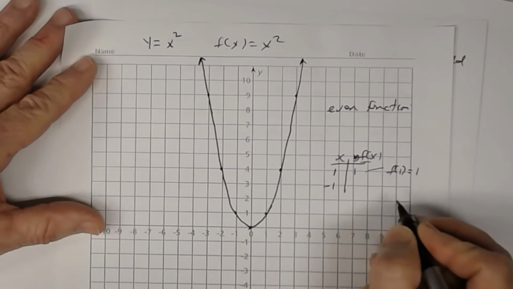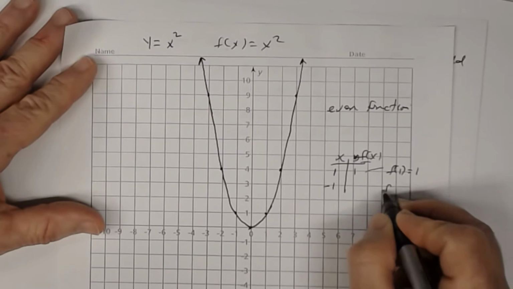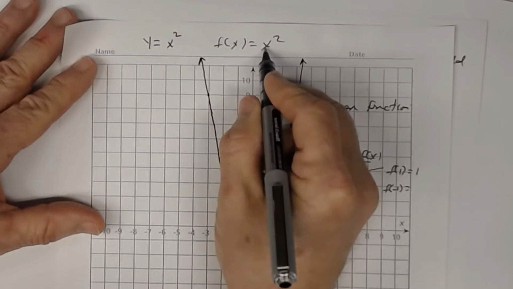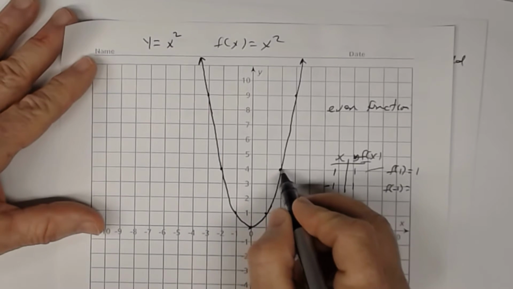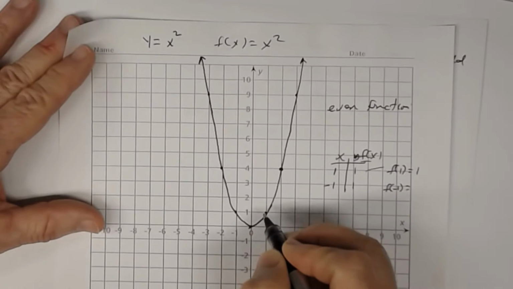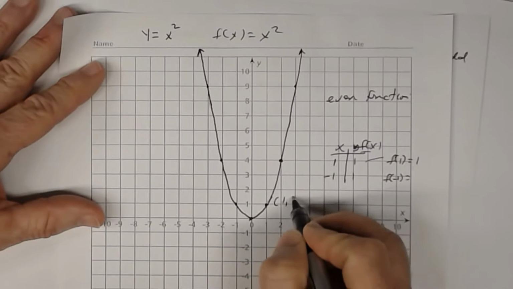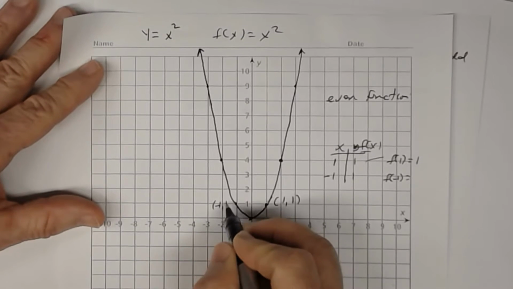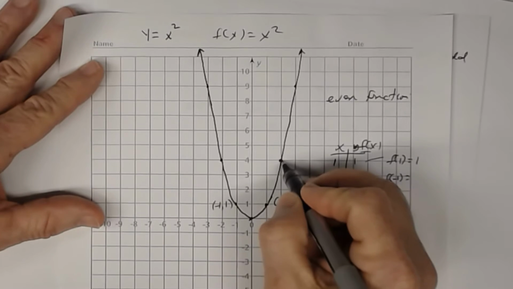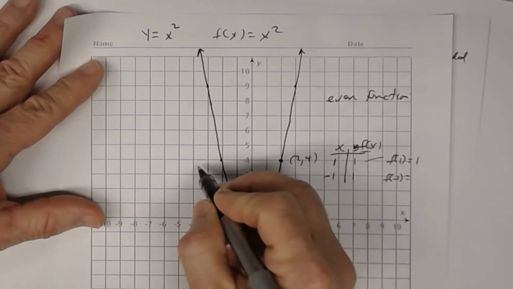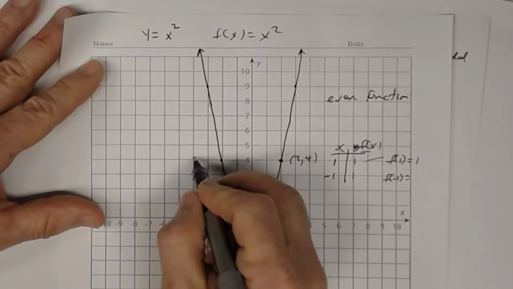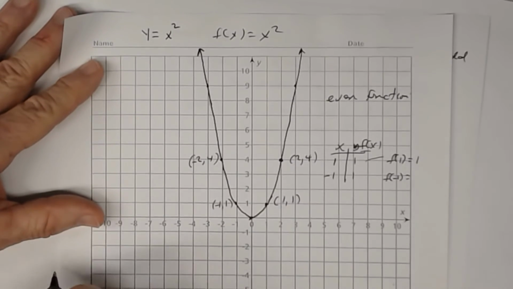If I choose negative 1, f of negative 1, a negative 1 times a negative 1 is a positive 1. So the point 1, 1 becomes negative 1, 1. 2, 4, when reflected about the y-axis, becomes negative 2, 4.